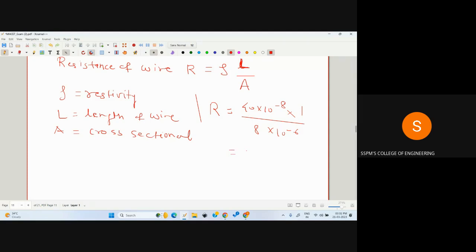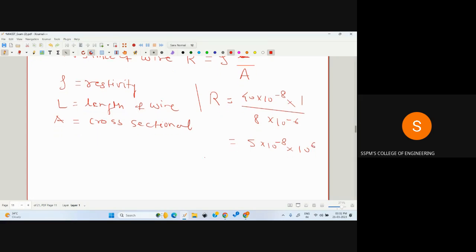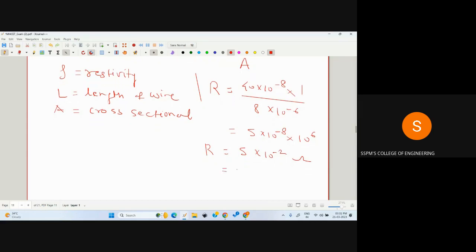So this will be 5 into 10 to the power minus 8, and taking the 10 to the power minus 6 to the numerator, it becomes 10 to the power plus 6. So the resistance of wire R is equal to 5 into 10 to the power minus 2 ohm, or it would be 0.05 ohm.